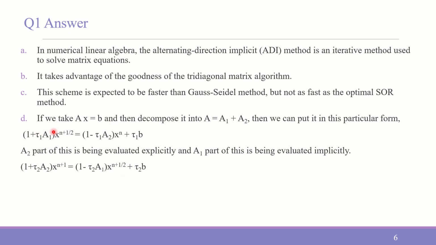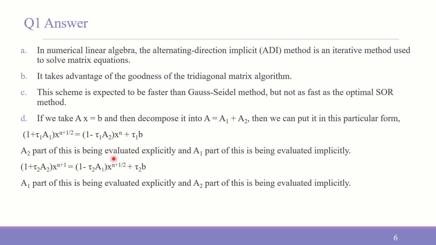In the first equation we solve A1 implicitly and A2 explicitly. Here A1 is at time step n+1/2 and A2 is evaluated explicitly. Whereas in the next equation, A2 is evaluated implicitly, whereas A1 is evaluated explicitly.